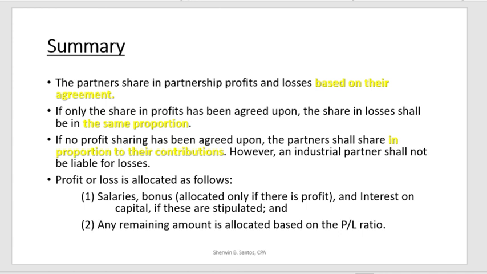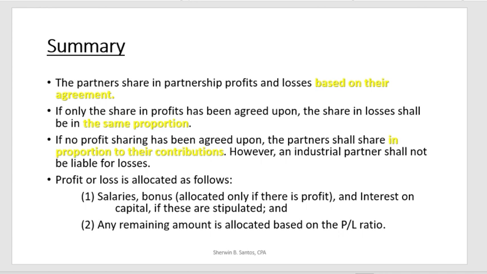Next, if no profit sharing has been agreed upon daw, the partners shall share in proportion to their contribution. So kung magkano yung kinontribute nila. However, industrial partner shall not be liable for losses because dapat yung compensation shall be paid. Next, profit or loss is allocated as follows. Salaries, bonus.